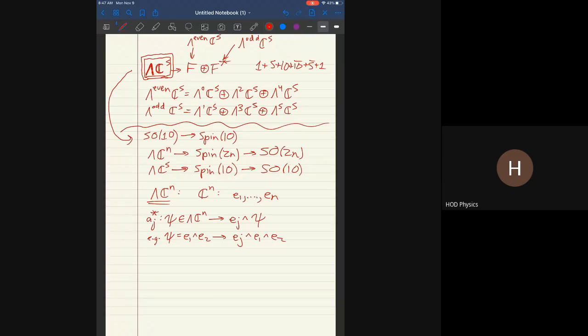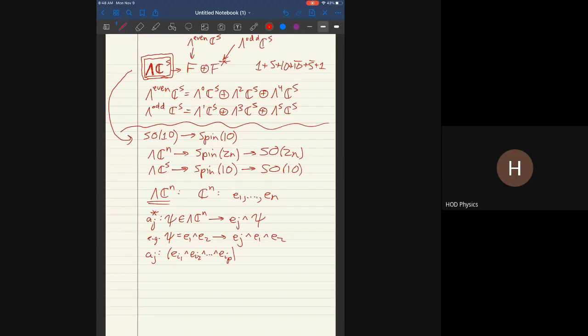And then the second operator that I want to introduce is the annihilation operator, Aj. It takes an element psi. To make it clear what's going on, let me look at a p-form, E_I1 wedge E_I2 wedge ... wedge E_Ip.